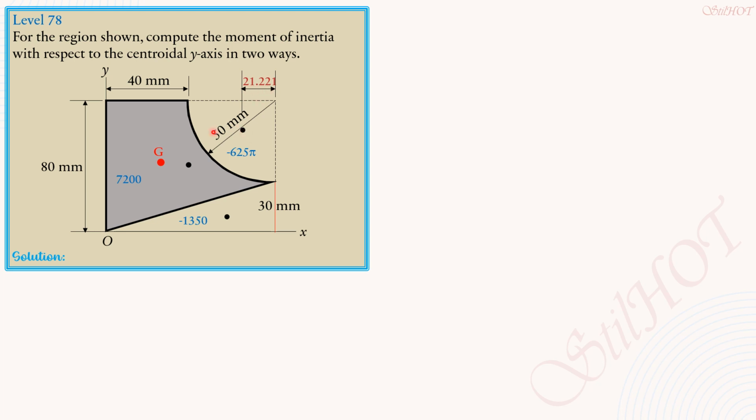Therefore, its distance from the y-axis is 90 minus 21.221, and that is 68.779 mm. So the area is equal to 7,200, minus 1350, minus 625 pi. So the area is equal to 3886.5 mm square.